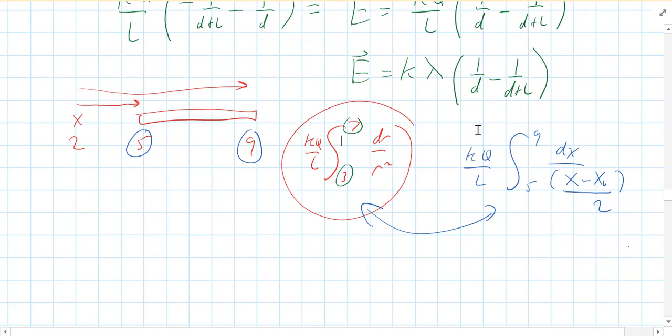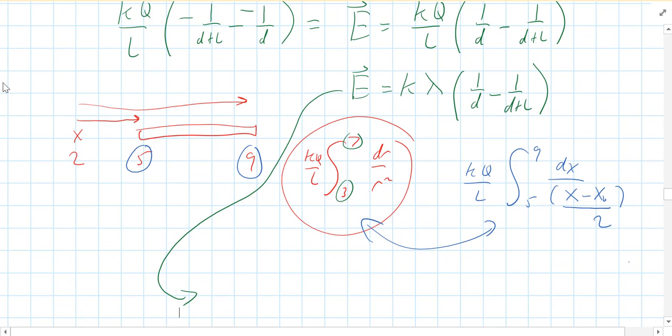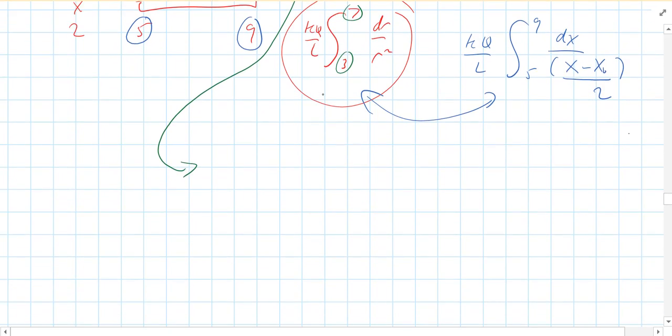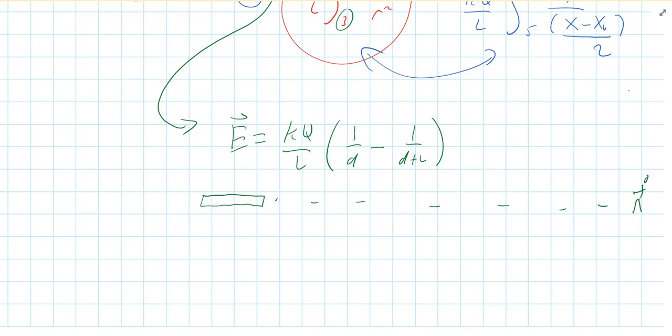The other thing I want to mention to you guys, let's look at this final answer very carefully. I'm going to use this version up here. Let me rewrite that. E equals KQ over L times 1 over D minus 1 over D plus L. Let's say you were looking at that meter stick, and you walk really far away from it, like 1,000 meters away.